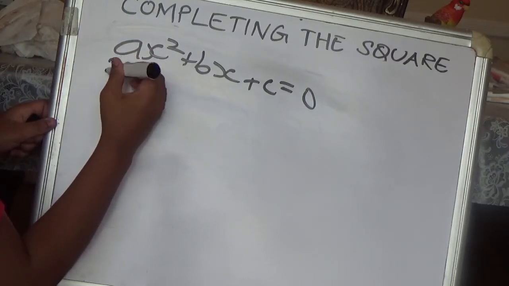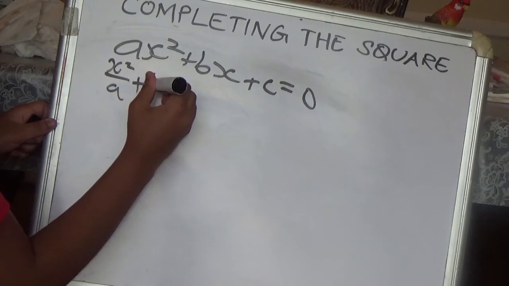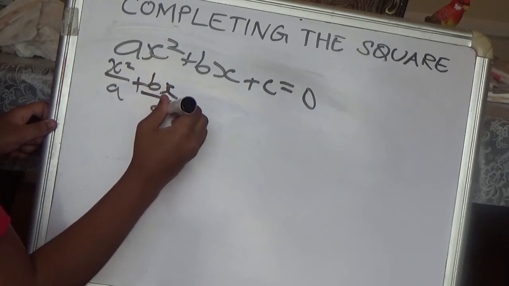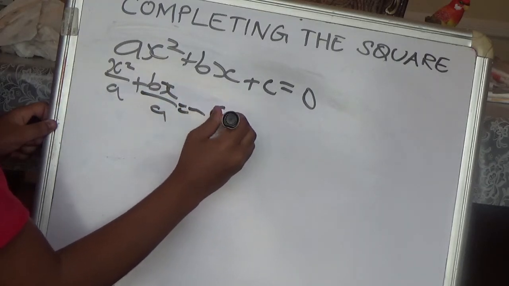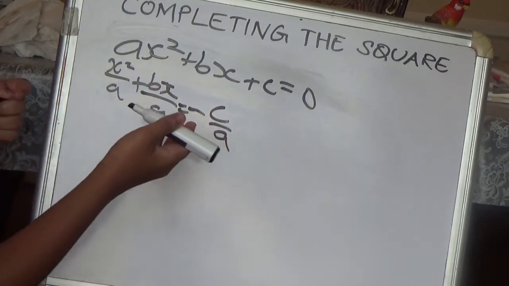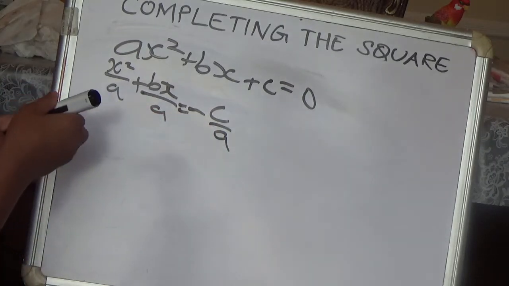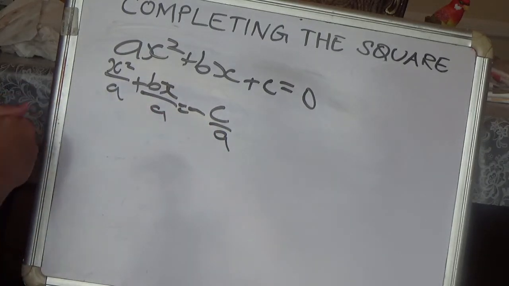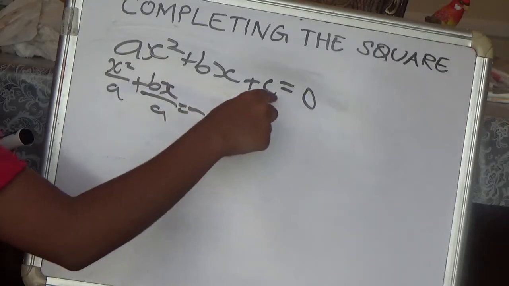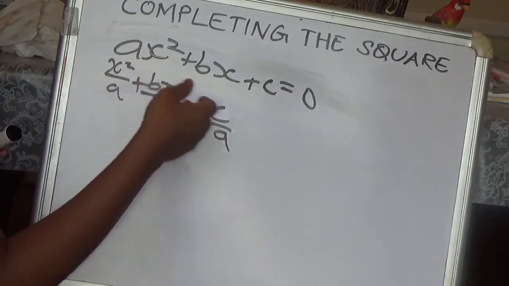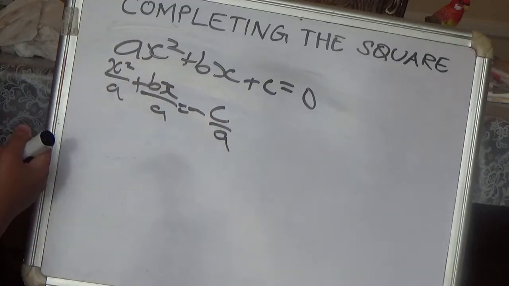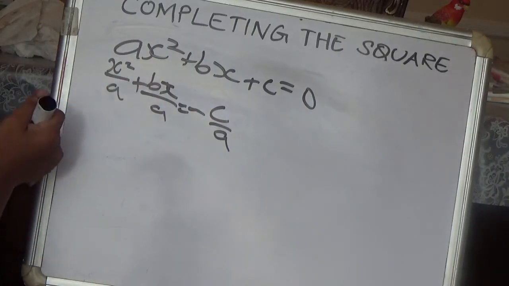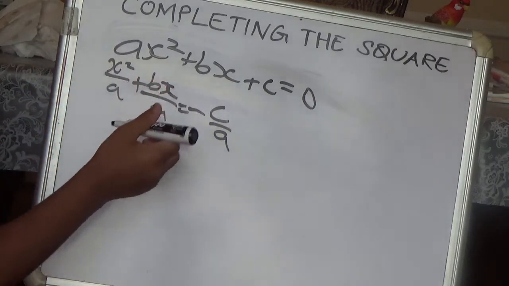So x squared plus bx over a equals negative c over a. We write negative c over a because we're doing both steps in one shot: ax squared plus bx equals negative c, and then you divide everything by a, or you could do it vice versa. Now we can actually start completing our square.